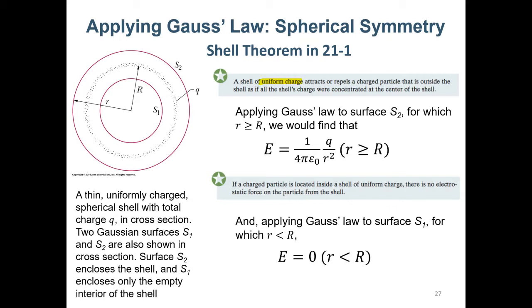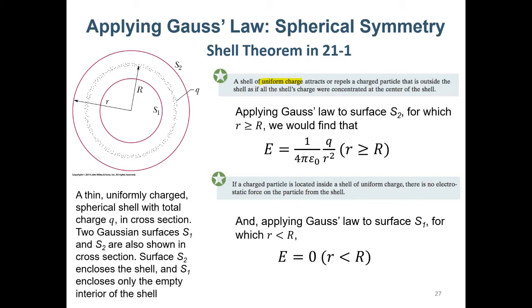So you can imagine if you have a sphere with a charge on it, and then you draw a Gaussian surface S2, which has a larger radius than the sphere itself.